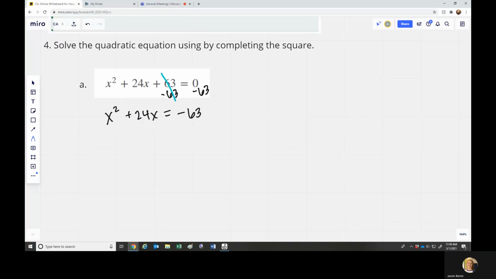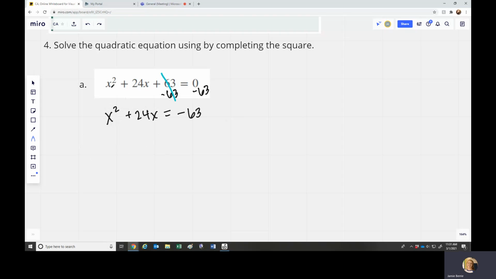Okay. Now again, your next step is to look at your x squared term and you say, okay, is there a coefficient other than 1? There is not in this case, so we don't have to worry about step 2. But say that we had something like 2 in front of x squared there, we would have to divide everything by 2. But here we just have a coefficient of 1, so we don't have to worry about step 2.